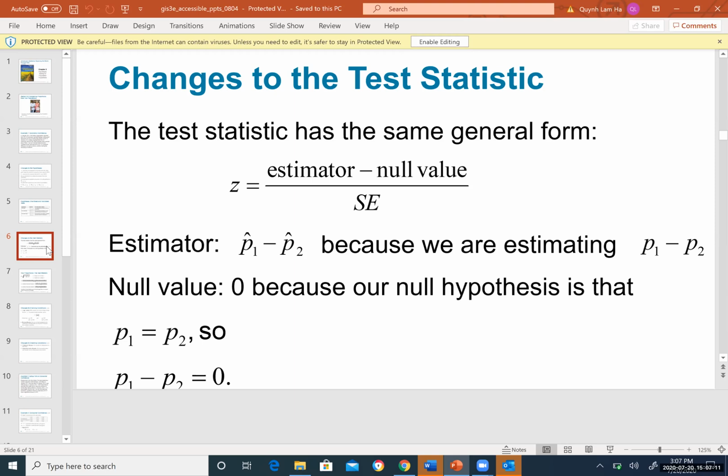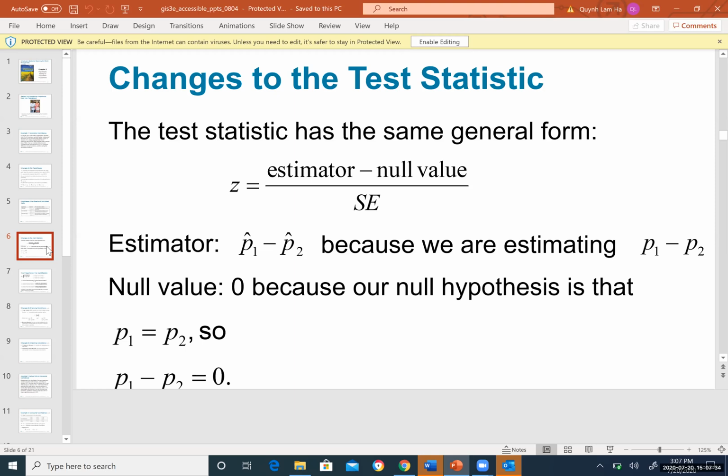P hat represents the sample proportion. So you would take P hat 1 minus P hat 2 and put that right at the estimator position, minus the null value. And the null value, you will see, mostly will be 0.